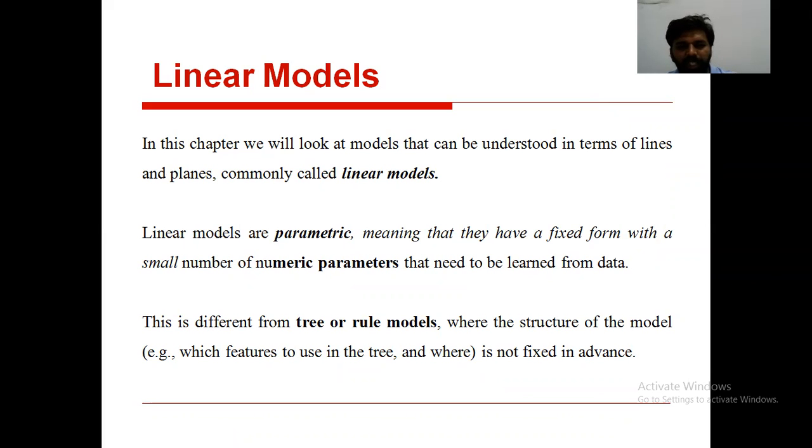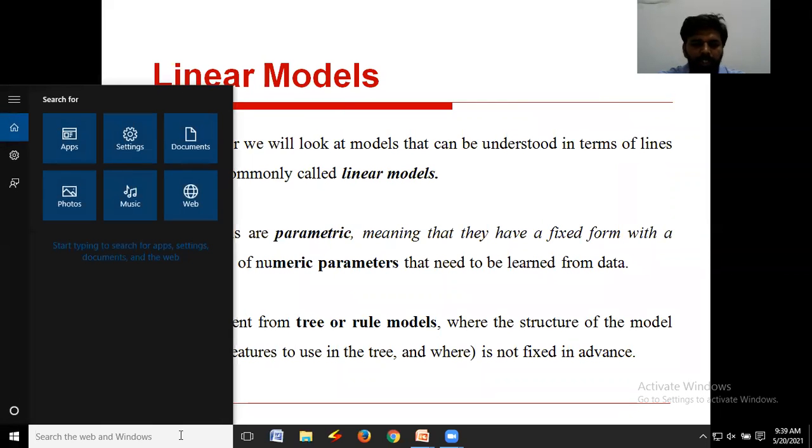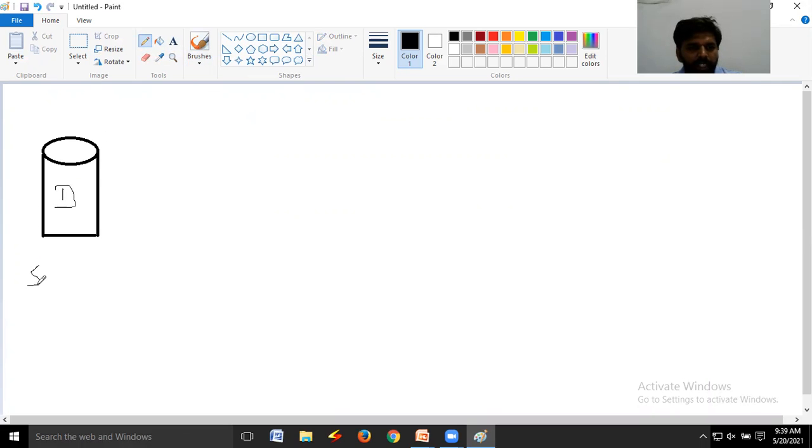Here I would like to explain linear models with a simple graphical representation. See, this is the data set D. This data set D contains a number of instances, right? It contains a set of instances.